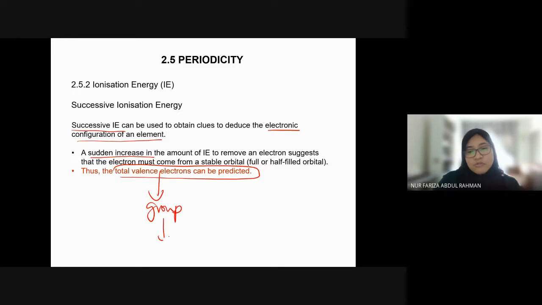And we can also know the period, the location of the element. Group and period, unless the question gives extra information, then we can also determine the period.